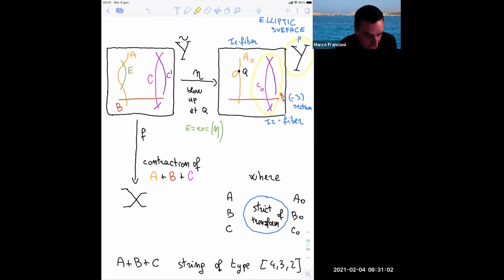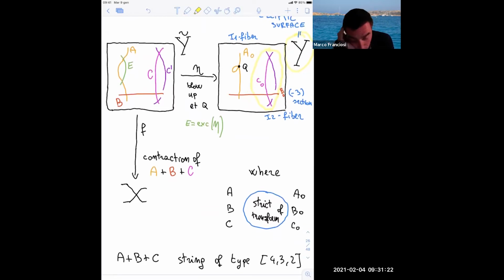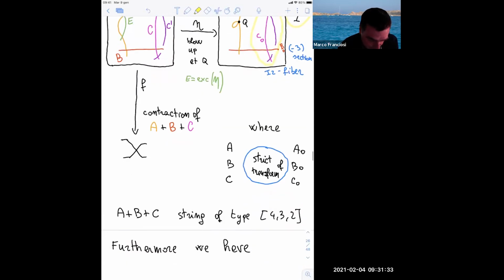We have A, the strict transform of A0, B, the strict transform of B0, and C, the strict transform of C0. Then we have A squared equal to minus 4, B squared equal to minus 3, and C squared equal to minus 2. That is, we have a string of type 4, 3, 2, and we can contract it to obtain our surface X.